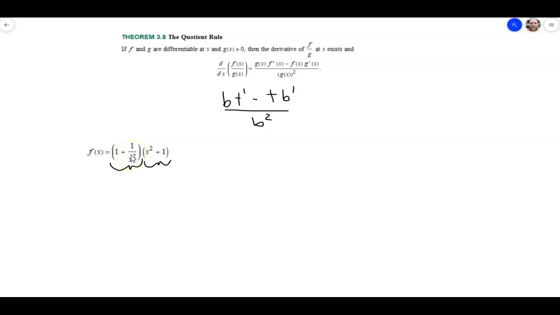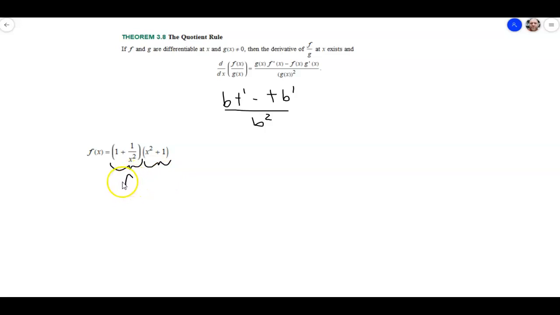So here's an example, and there's going to be lots of examples where we have to use more than one rule. But the idea in the beginning is to break this up into either a product or a quotient using everything. So I can break it up into a product using everything. I can't do that with the quotient, so I'm going to start with the product rule.